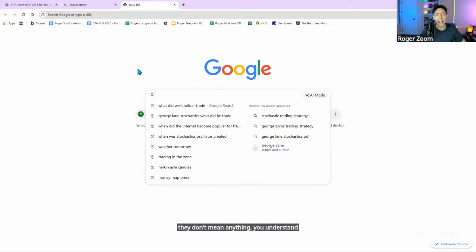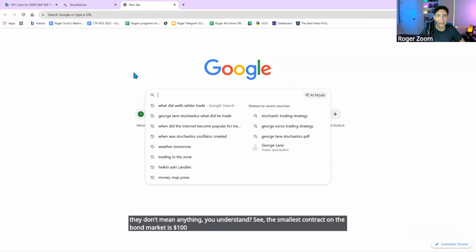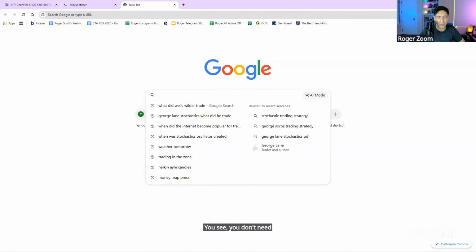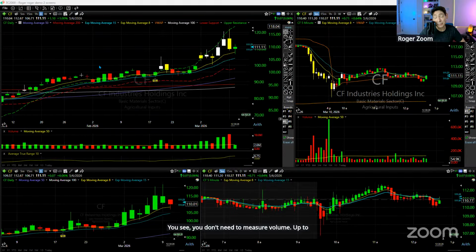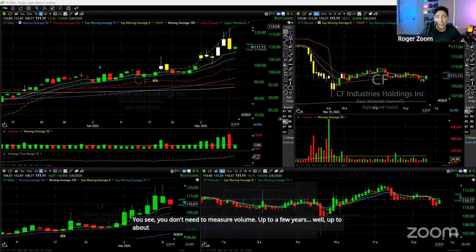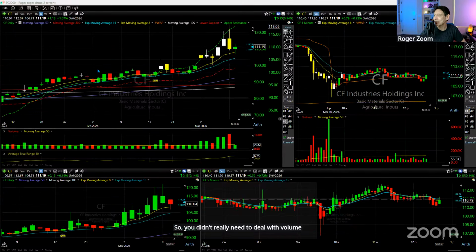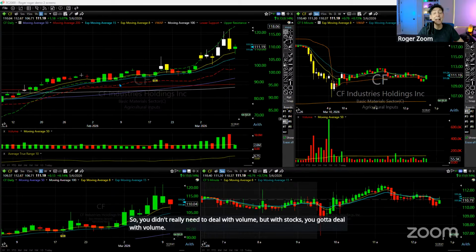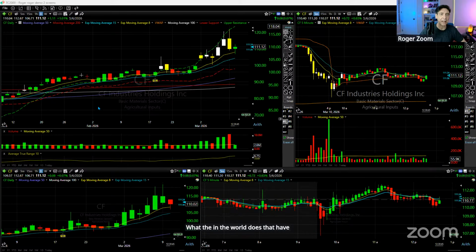See, the smallest contract on the bond market is $100,000. You see, you don't need to measure volume. Up to about 20 years ago, the smallest contract on the S&P 500 was $250,000. So you didn't really need to deal with volume, but with stocks, you got to deal with volume. Now, what in the world does that have to do with what I'm saying right now?